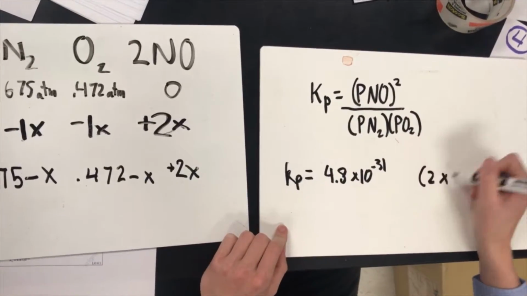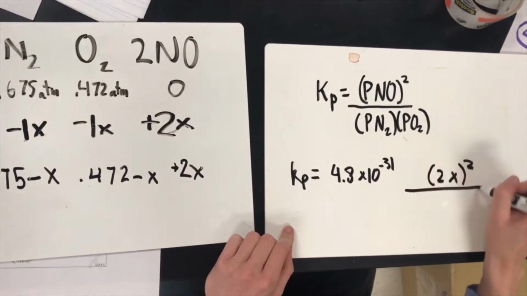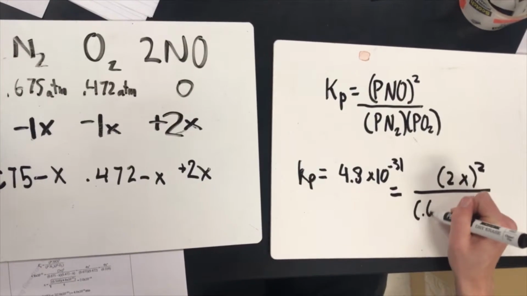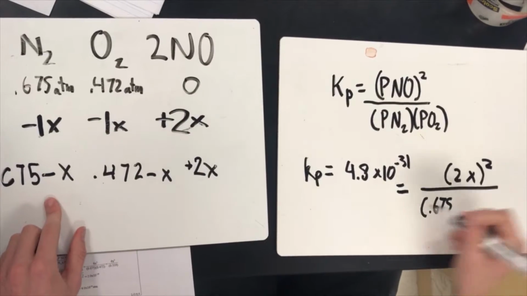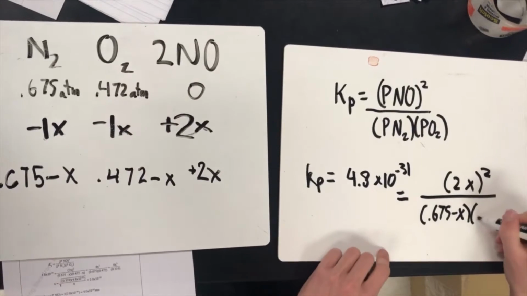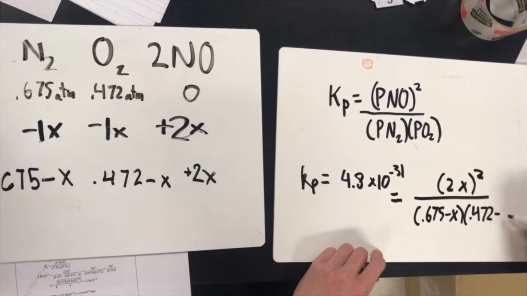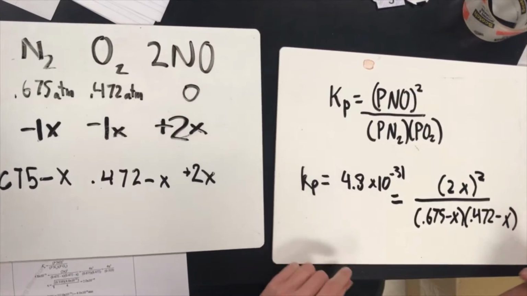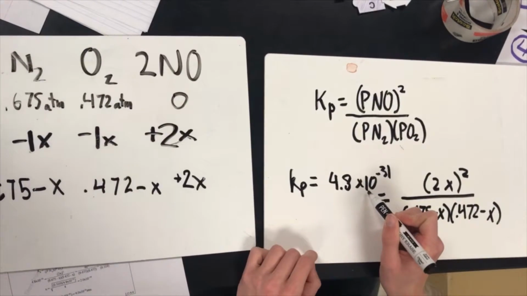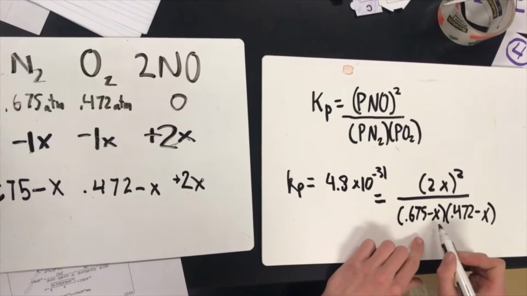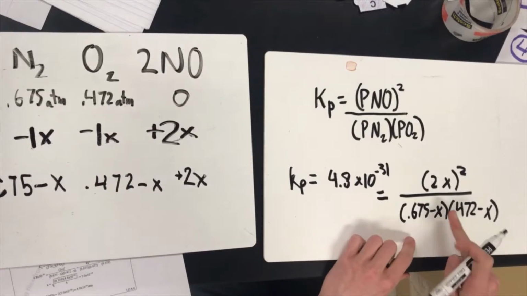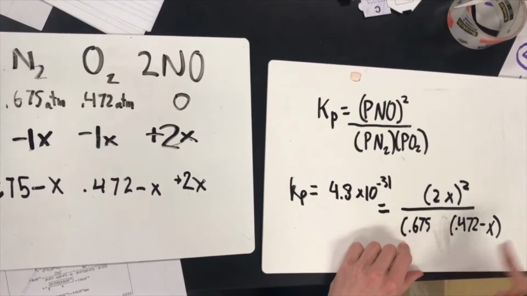So we have 2x squared over 0.675 minus x times 0.472. We can disregard these x's because the number will be so astronomically insignificant.